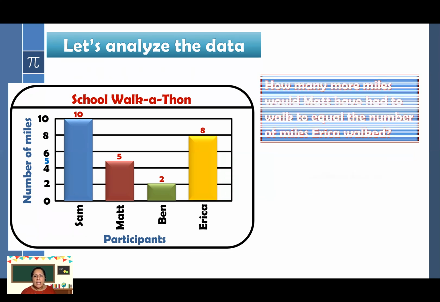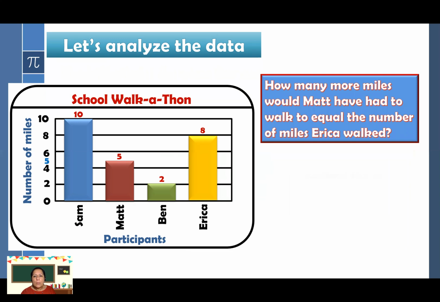The next question says, how many more miles would Matt have had to walk to equal the number of miles Erica walked? So the first thing I have to do in this problem is find the key words, the most important words, which is how many more. Then I have Matt. And I know that I'm comparing because I have the names of 2 kids, Matt and Erica.